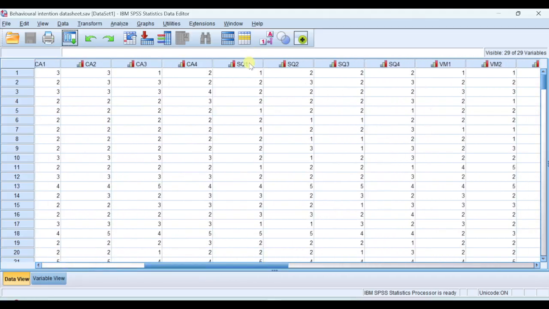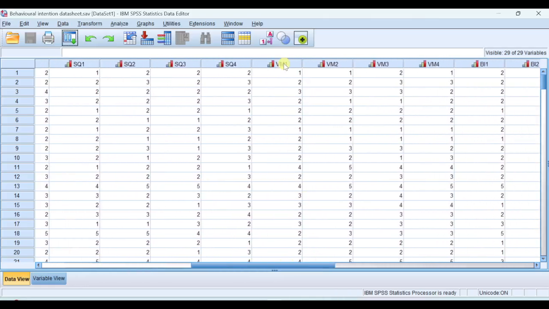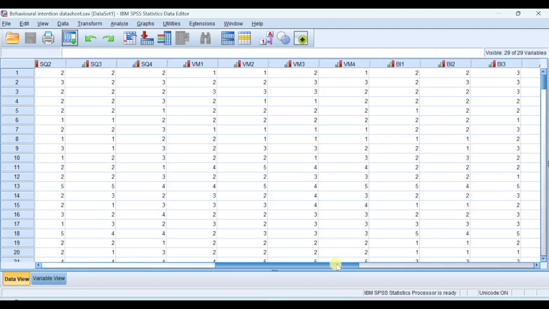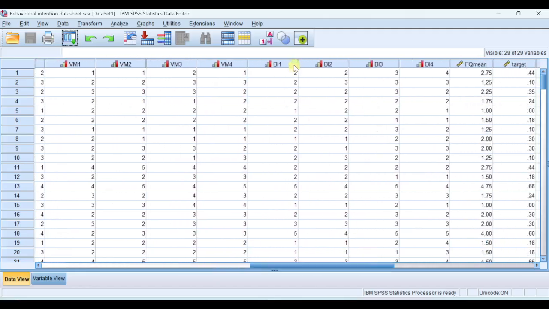Third is service quality with 4 indicators. Value for money is the fourth one with 4 indicators, VM1 to VM4. Behavioral intention, which is the dependent variable, again with 4 indicators, BI1 to BI4.